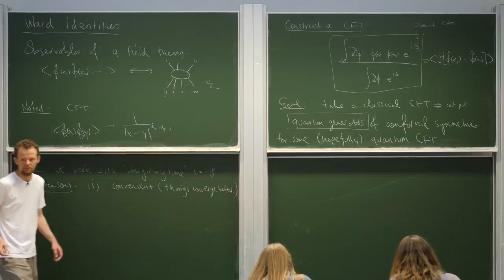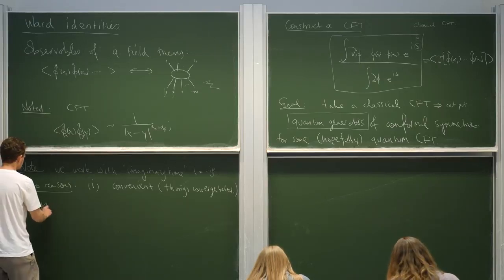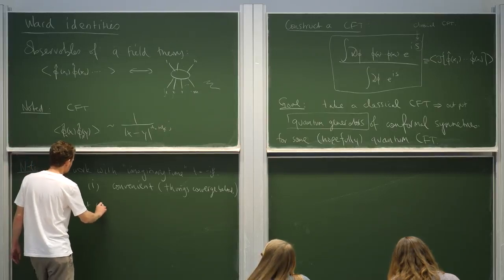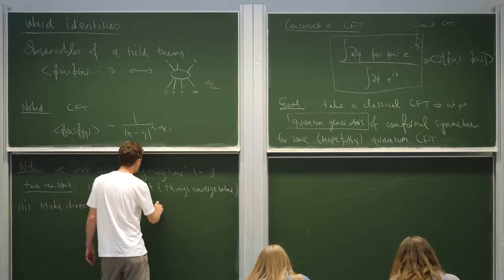And there are sort of other reasons to think that it's a convenient thing to do to work with imaginary time. A second reason, and this is not to be underestimated, is that we can make direct contact with statistical physics.